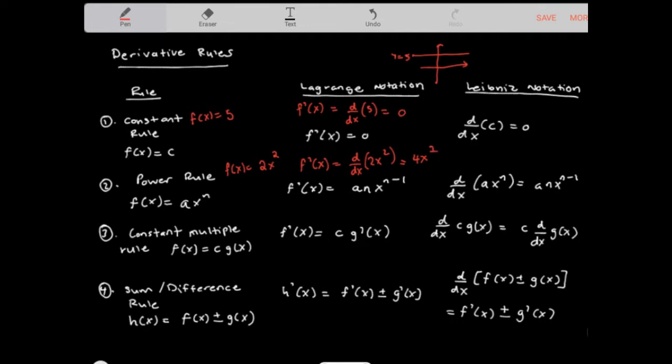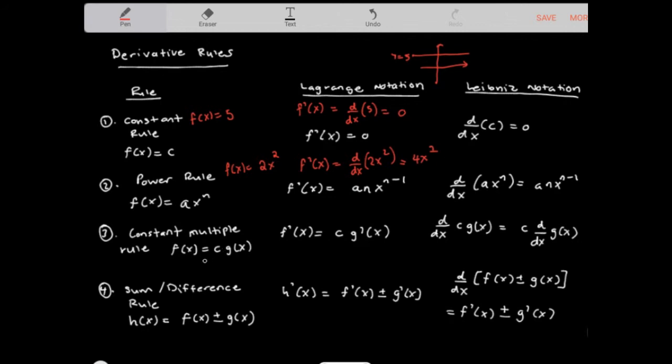So this is 4x to the power 1. We don't have to write the 1. And you can see the same thing being written in Leibniz's notation. I'm just incorporating the two together. But I do like this derivative modifier that is incorporated by Leibniz's notation, because it shows you exactly what you're doing. So it's a good way to show your steps.